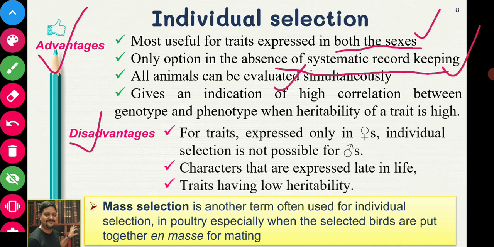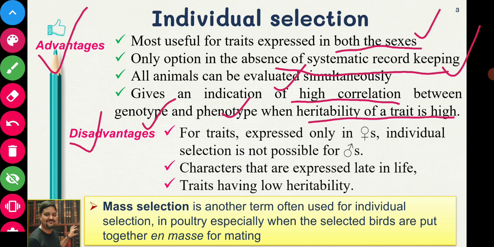The next point is that it gives an indication of high correlation between genotype and phenotype when the heritability of the trait is high. If a trait has high heritability, then however much the parent performs, there is every chance that the progeny will also perform, because the heritability of the trait is high.